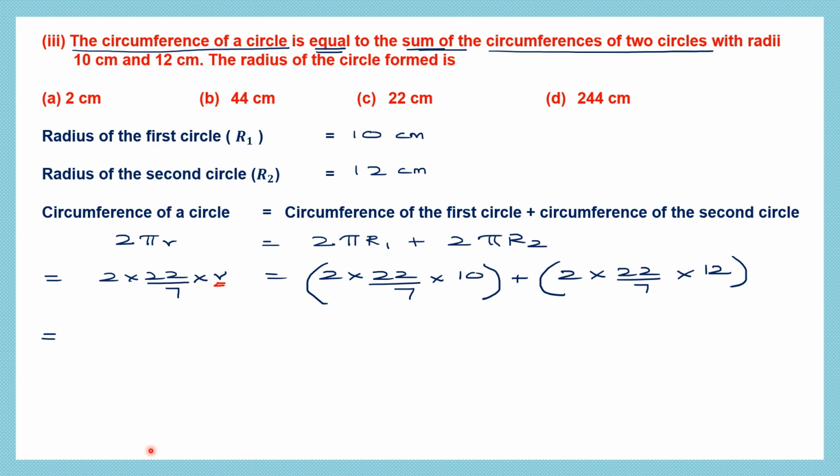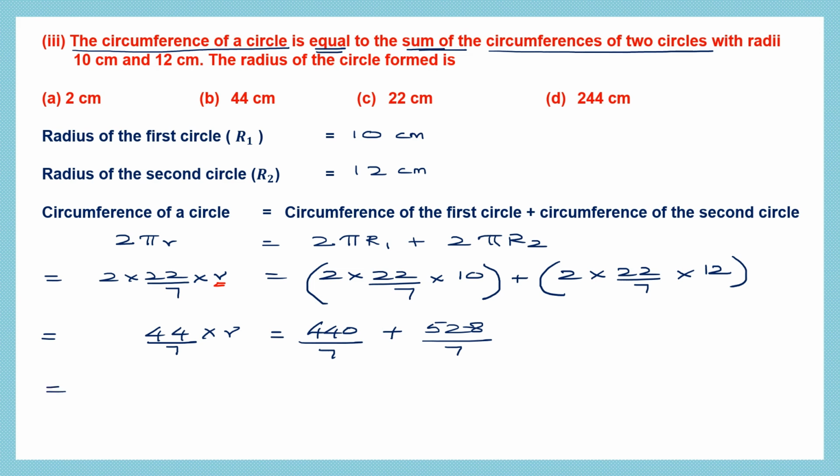Here on this side we have 2 into 22 is 44 by 7. So that is 44 by 7 into r is equal to, on this side, 2 into 22 is 44. 44 into 10 is 440. So 440 by 7 plus, now let's multiply, 2 into 22 is 44, 44 into 12 is 528. 528 by 7.